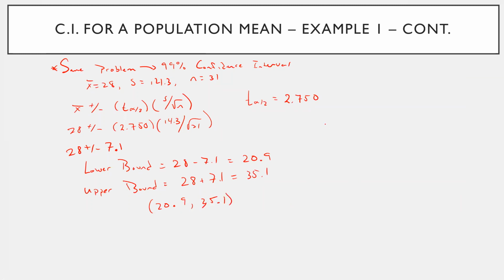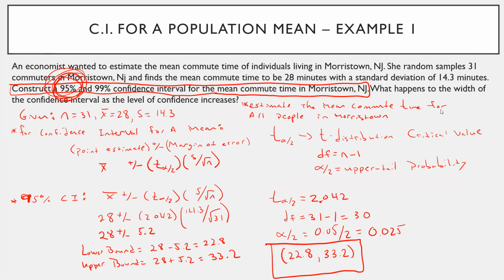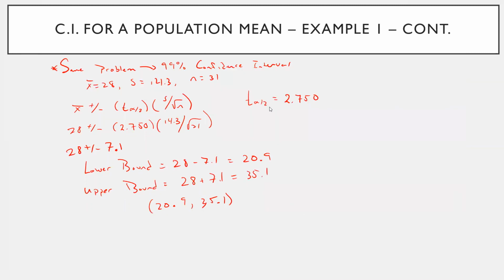All right, so just going back to answer the last question, what happens to the width of the confidence interval as you increase the level of confidence?